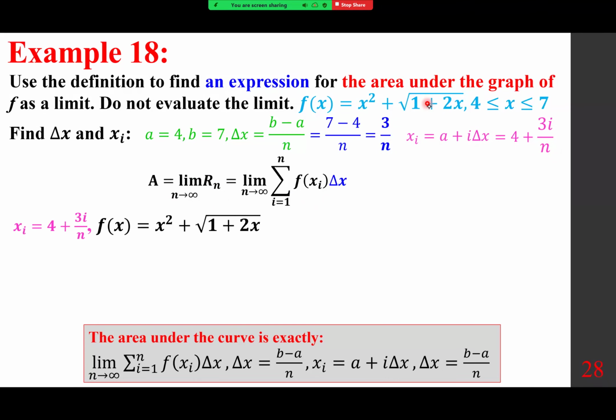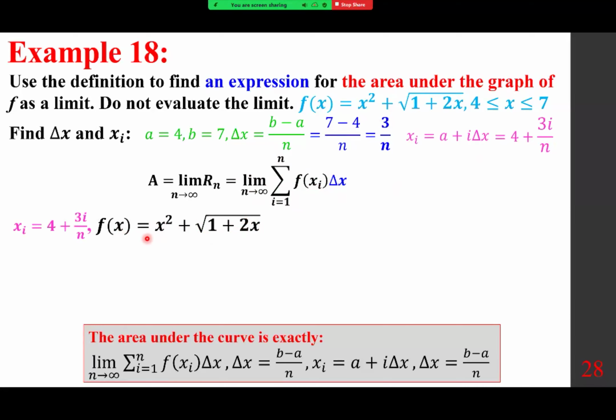So according to this formula, all I have to do is take a limit as n goes to infinity of the summation i going from 1 to n. I write f of x sub i times delta x. I have the delta x as 3 over n. What is f of x sub i? If this is f of x, then what is f of 10? Plug in 10. f of 20, plug in 20. f of a, plug in a.